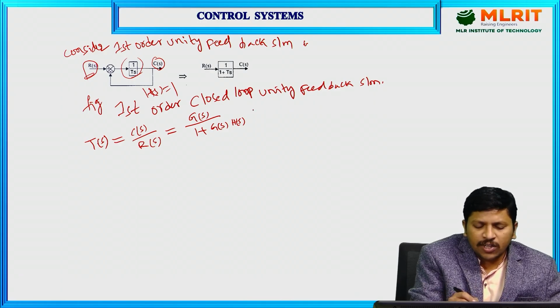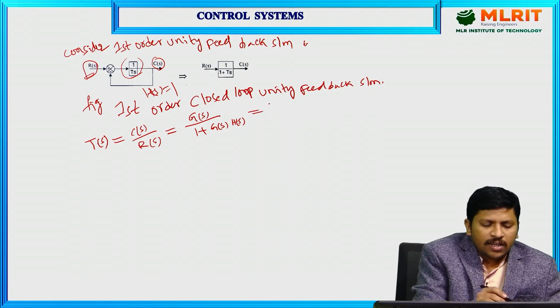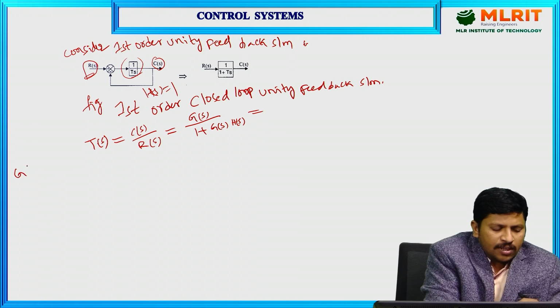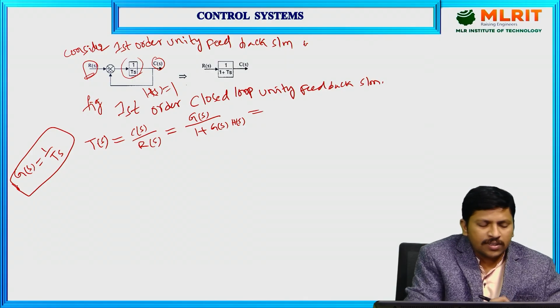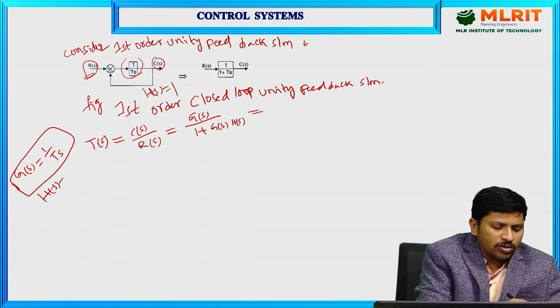Here G of S equals 1 by Ts, and H of S equals 1 because of unity feedback.